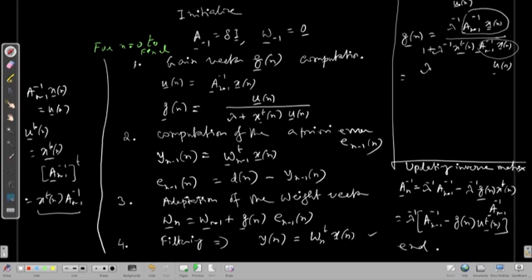End. So, that is the end of this algorithm, and also that marks the end of this course. I hope through this course I could impart sufficient knowledge starting from probability, random variables, properties of correlation matrices, Hermitian form, positive definite form, optimal filtering, adaptive filtering, and a lot of derivations which are useful in many other contexts and applications of adaptive filters.